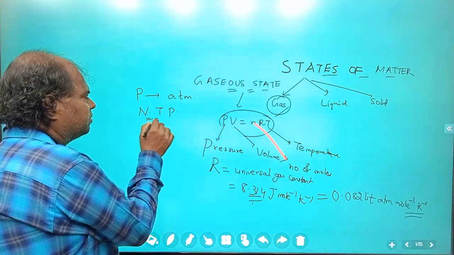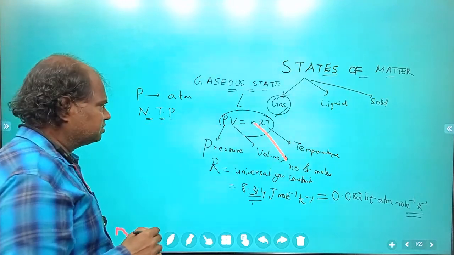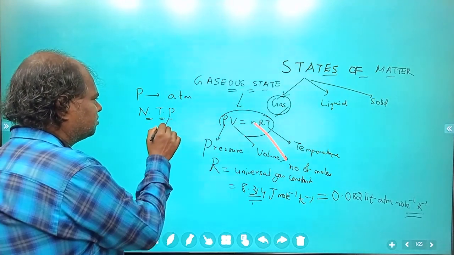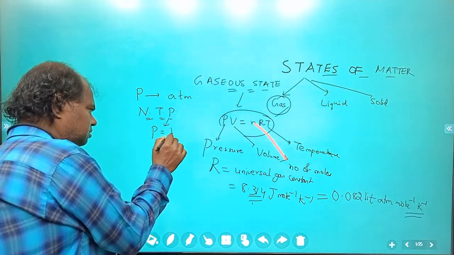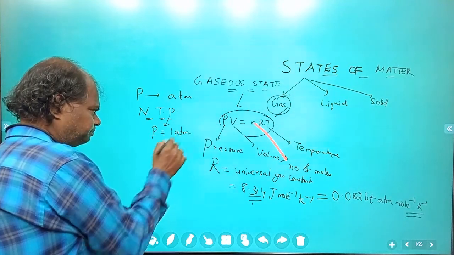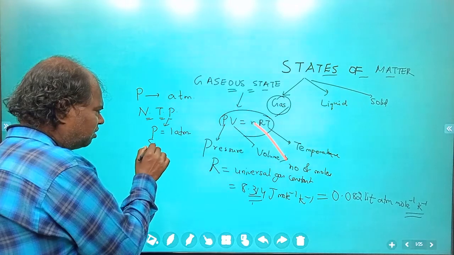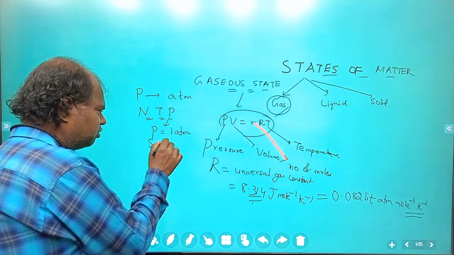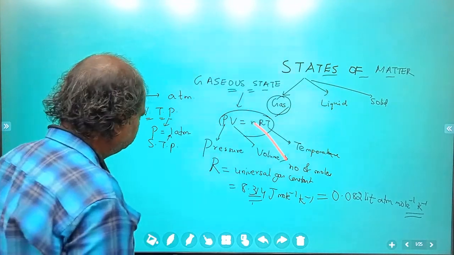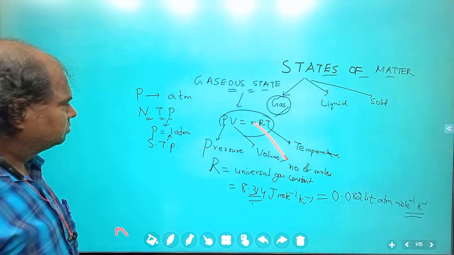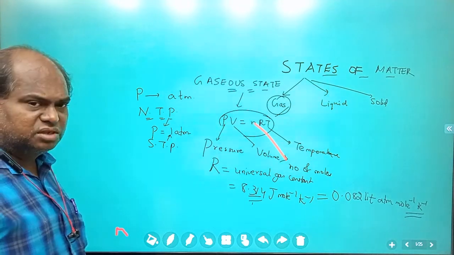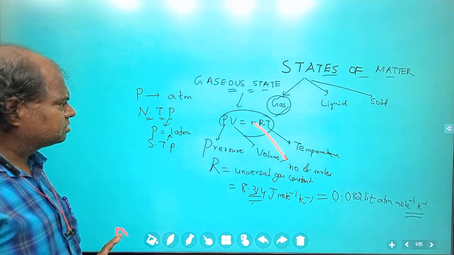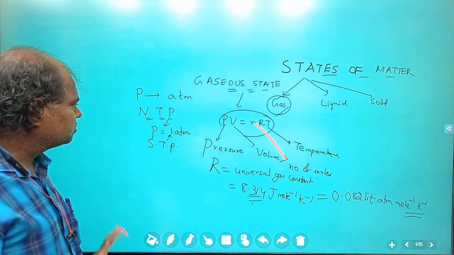NTP means normal temperature and pressure. Sometimes they'll call it STP also. Please don't get confused. Both are the same. Whether you say NTP or STP, pressure is 1 atmosphere, normal pressure, right?